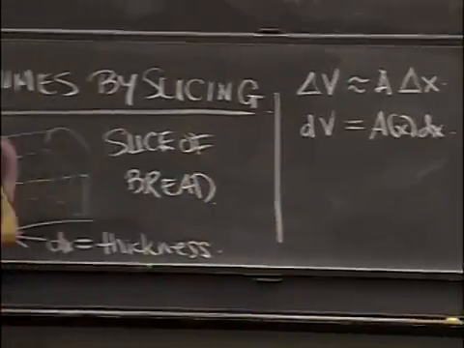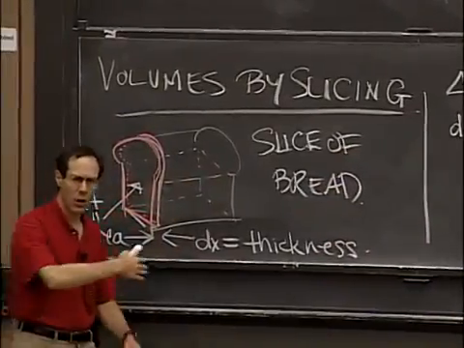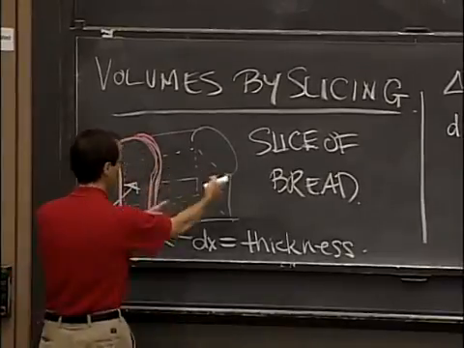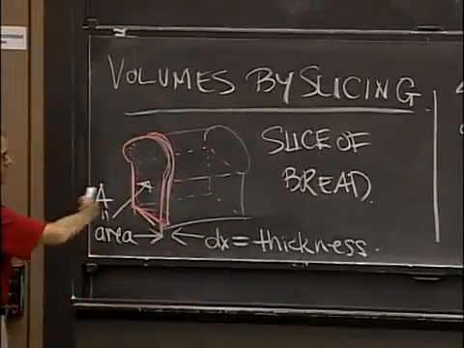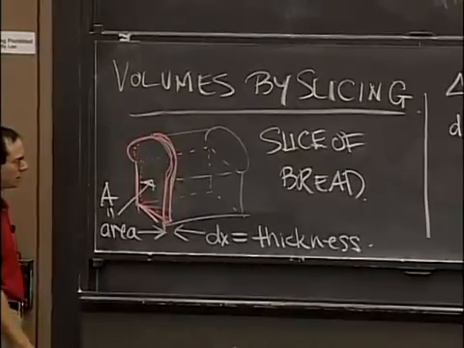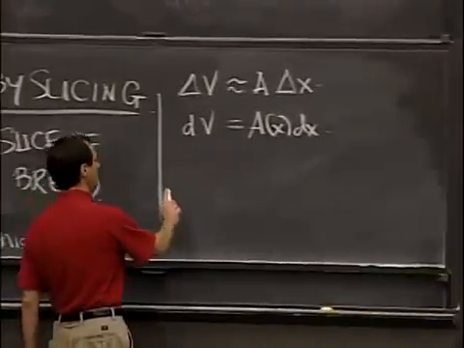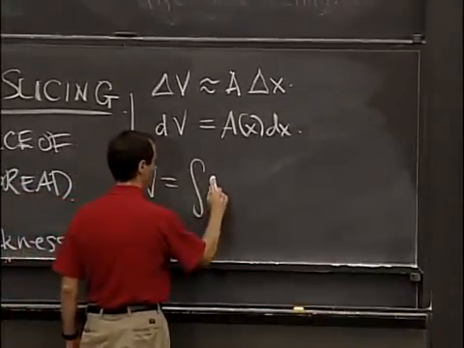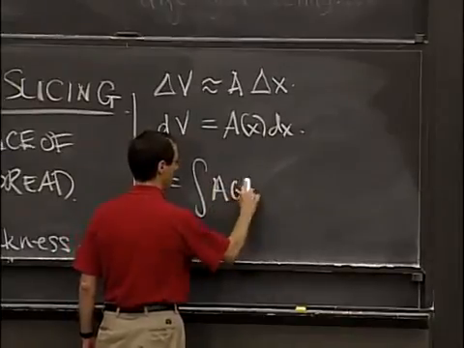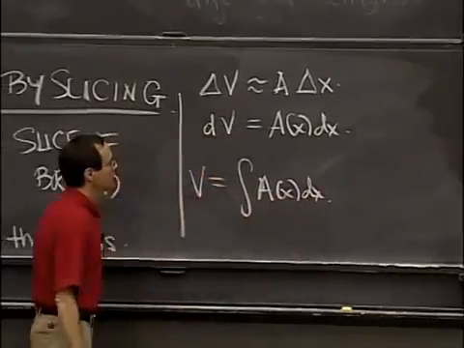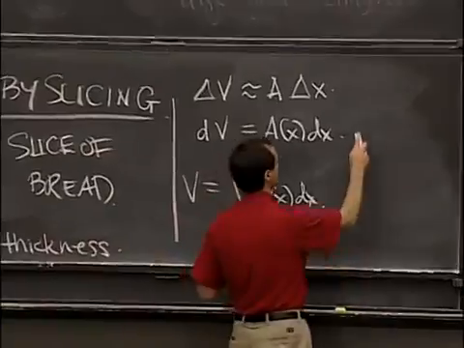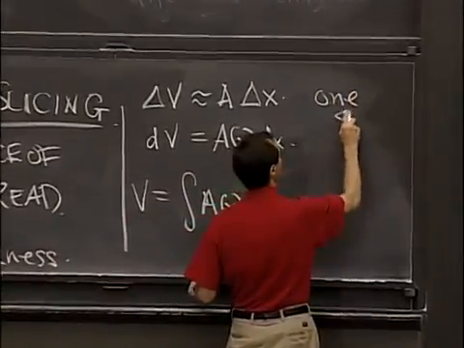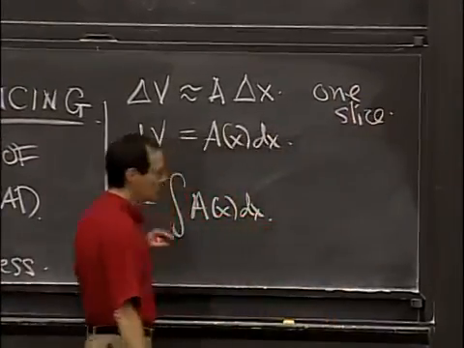And maybe the areas of the slices vary. There might be a little hole in the middle of the bread somewhere. Maybe it gets a little small on one side. So it might change as x changes. Then the whole volume you get by adding up. So if you like, this is one slice, and this is the sum.